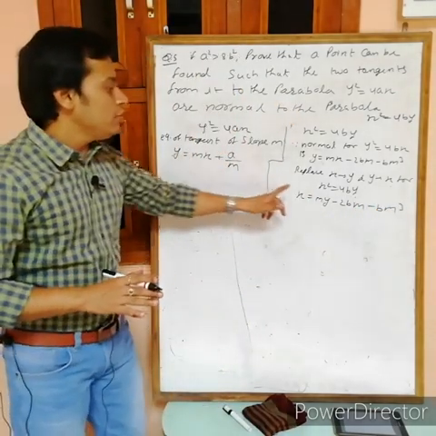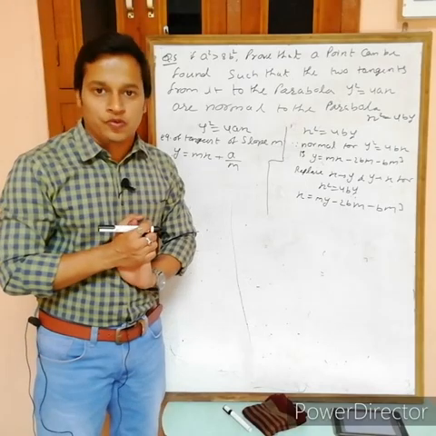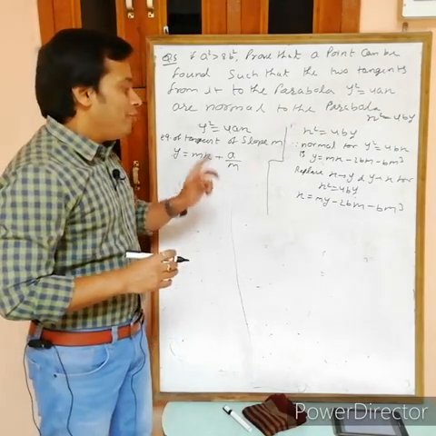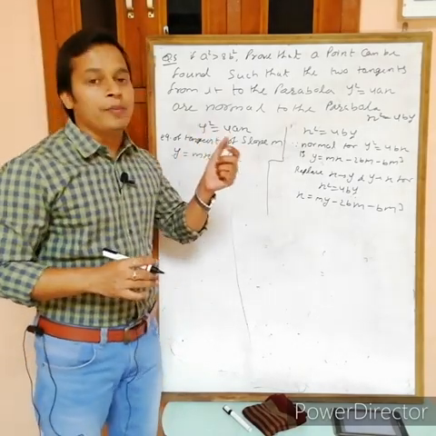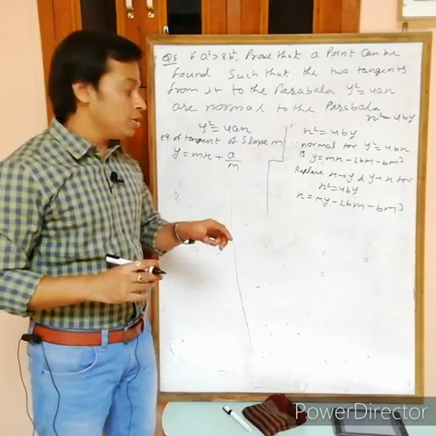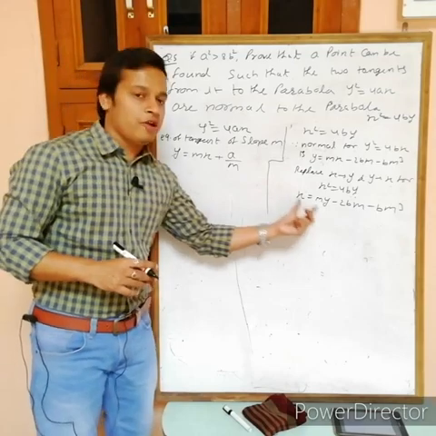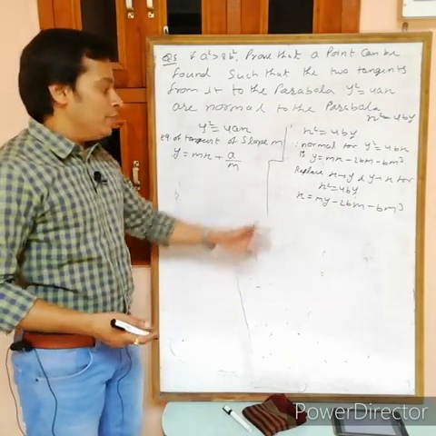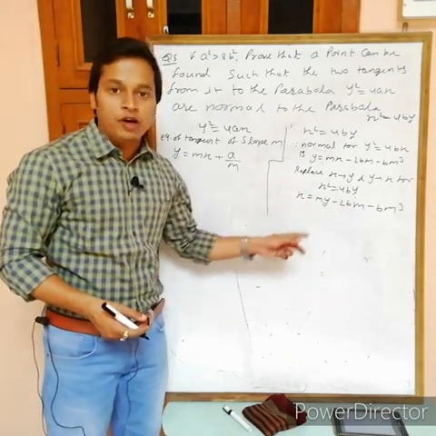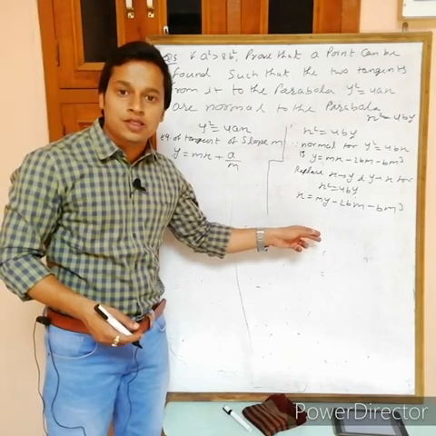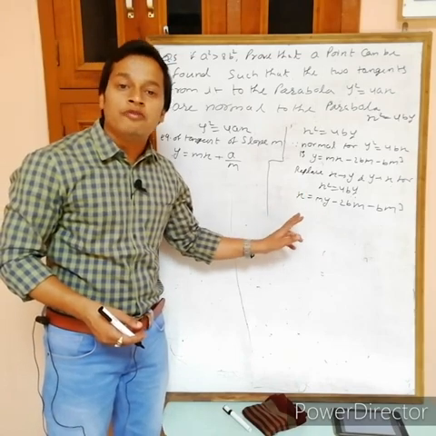Now this is the normal for x square equals 4by, but one minute, we want the normal with slope m. The slope must be equal to m, then y equals mx plus c, and then I can compare. But at this time, if you convert this in terms of y equals mx plus c by dividing with m, the slope becomes 1 by m.